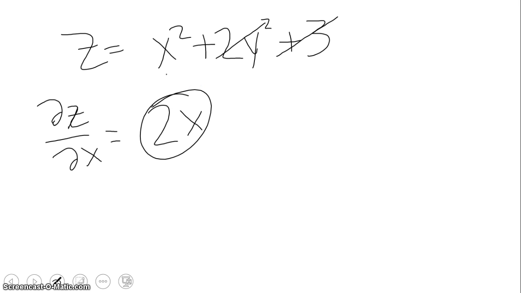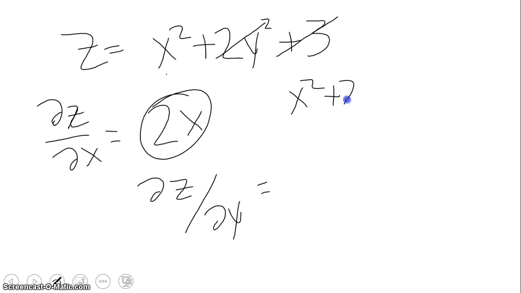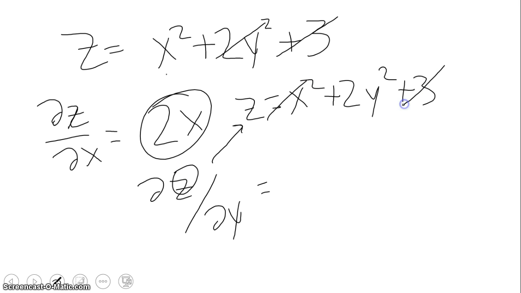Now the inverse of this is true as well. We can take a partial of z in terms of y, so I'll rewrite it again over here. Here's our z equation. This just signifies the equation in terms of y. So this time the x is a constant, 3 is still a constant, and we'll get 4y as our answer.